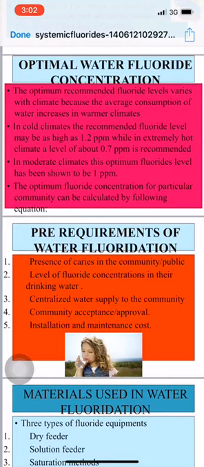Number 3, centralized water supply to the community. Number 4, community acceptance or approval. Number 5, installation and maintenance cost.